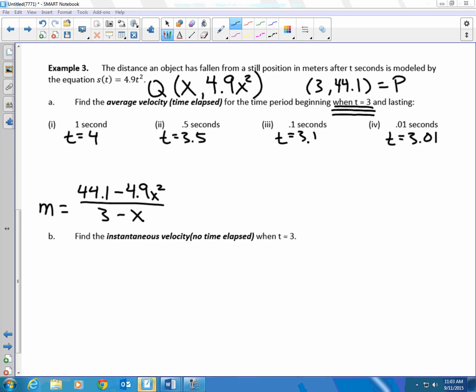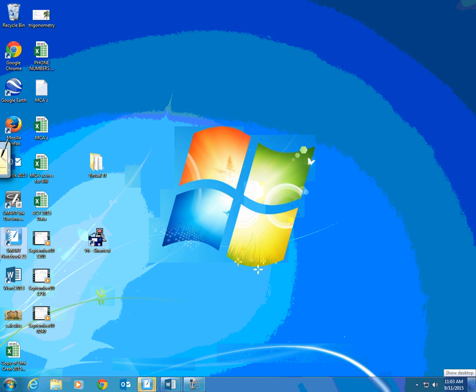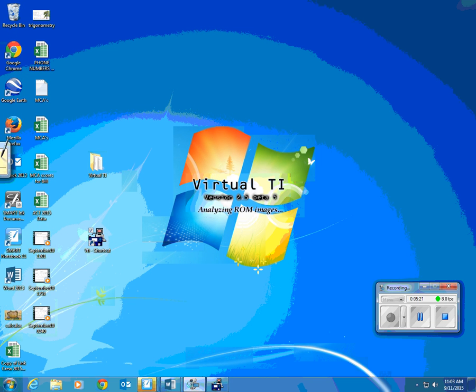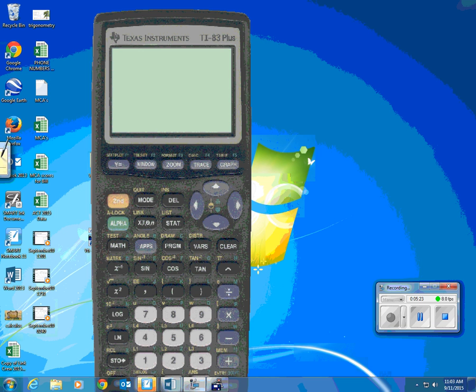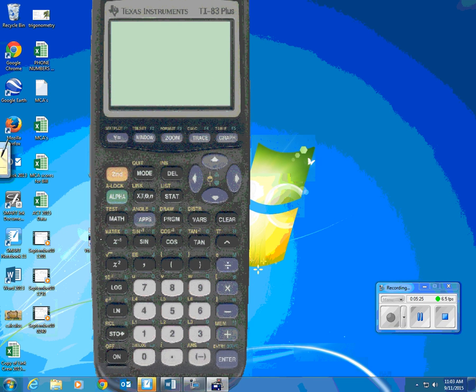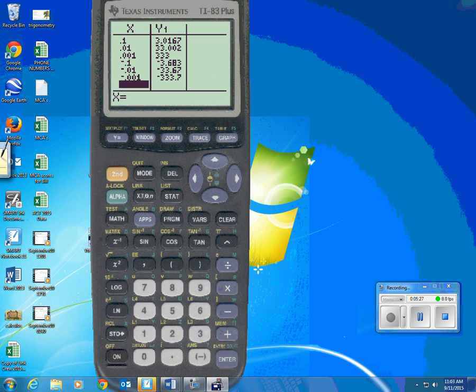So we will go to our calculators. Let's take out our calculator and turn it on.